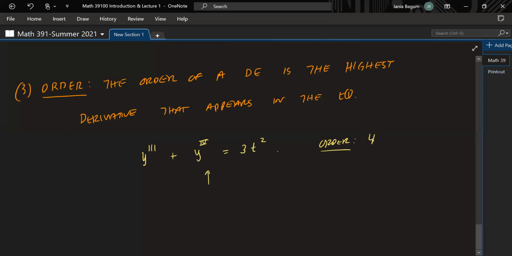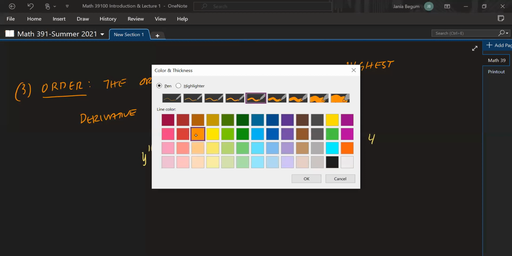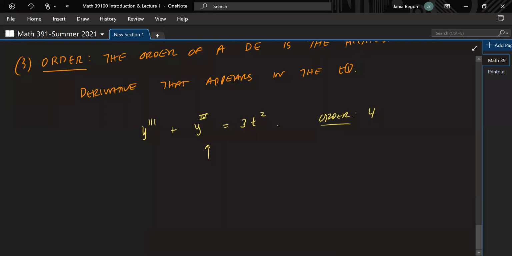Now, the next thing that we're going to talk about to classify them is by looking at whether the equation is linear or nonlinear, okay? So I'll give you the definition of what a linear equation is, and then the opposite will be the definition of nonlinear, okay? So you don't have to really know the definition for both. So let's write down, what does it mean for a differential equation to be linear in the y variable, okay? So that's the key idea.